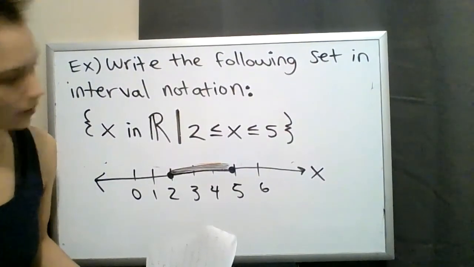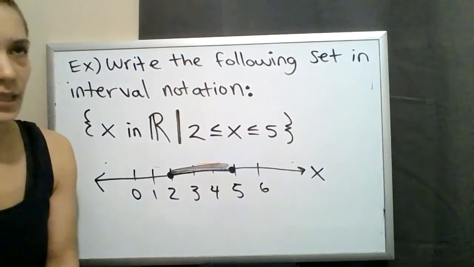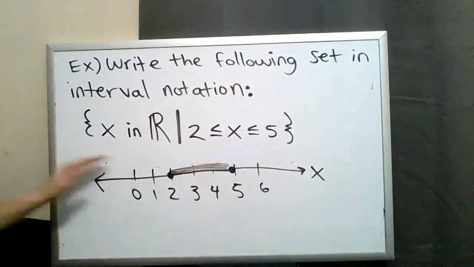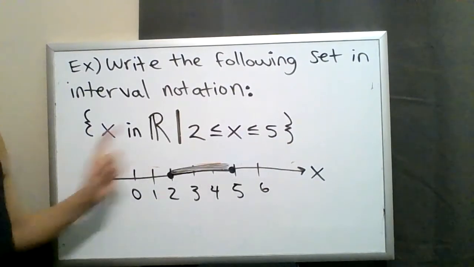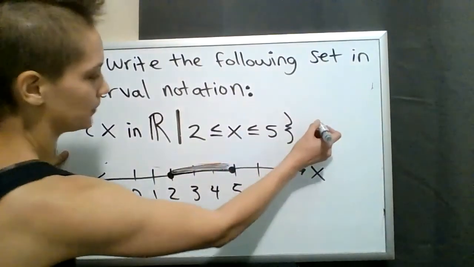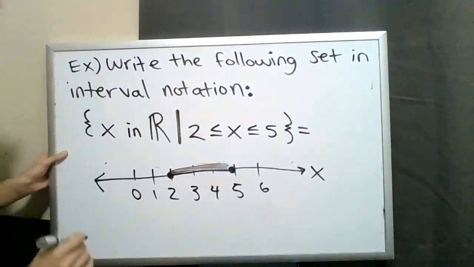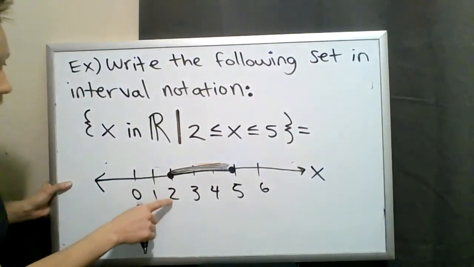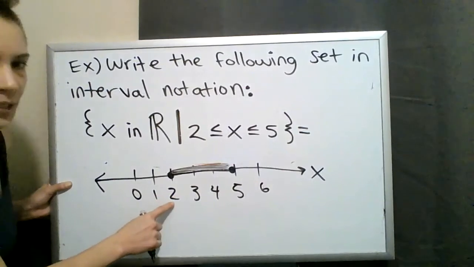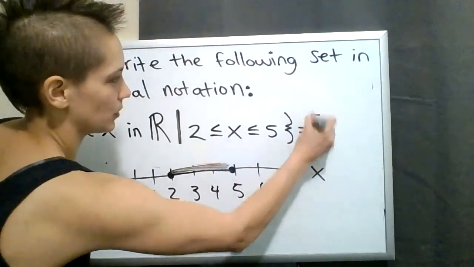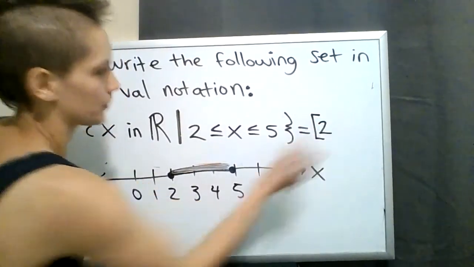That's good for the graph, but we need to write this set in interval notation. Right now it's just a set, curly brackets. When you include your number, it gets a square bracket. So for including 2, we go square bracket, which means use 2.